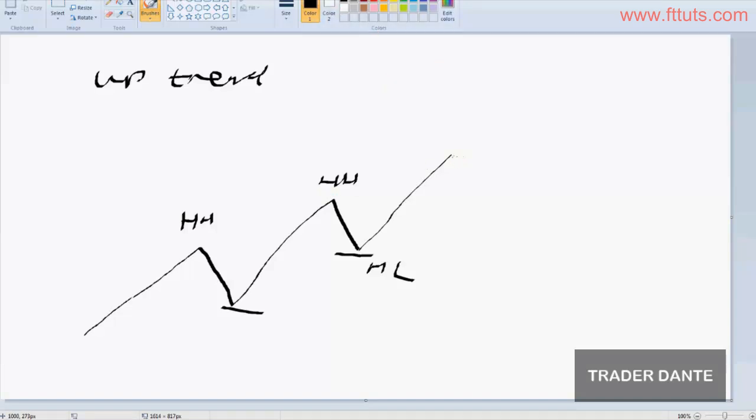Let's say the market starts to turn, and a trader gets bearish and thinks this is going to tank, and this trend is going to get undone and go into a bear market. If he gets short at market, around about here, where is the average retail trader going to put their stop?